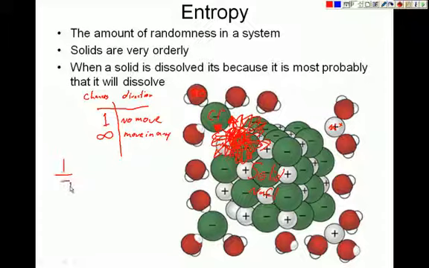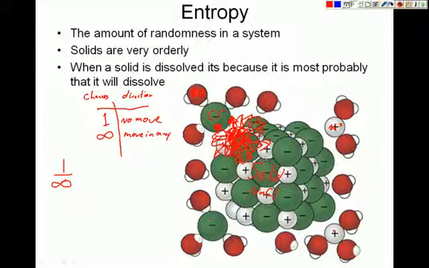Like 1 over infinity is just a very, very small number, and that means that this is probably going to dissolve, especially when the chances of this one is 1 over infinity, and the chances of this one's 1 over infinity, and the chances of this one's 1 over infinity, and same of this one. So we're looking at a very, very small chance that this solid NaCl will stay a solid NaCl.